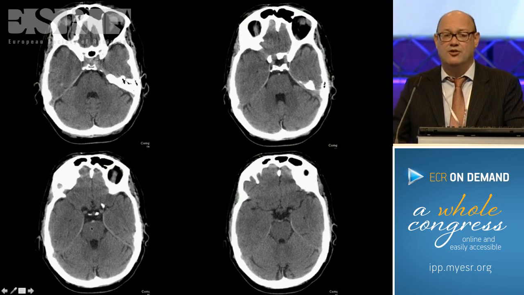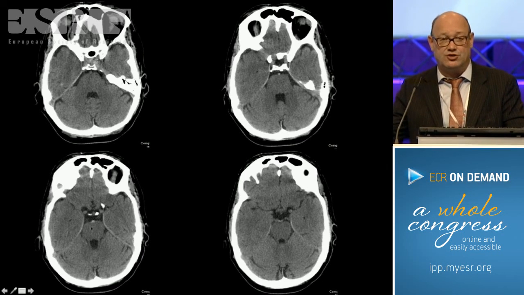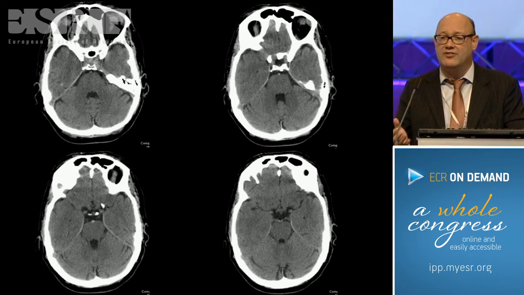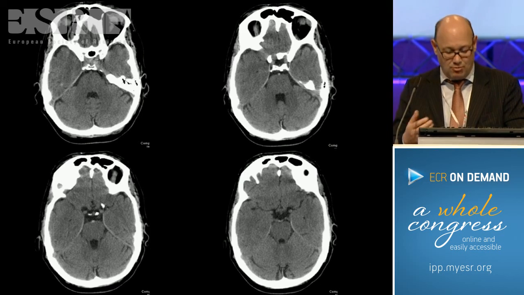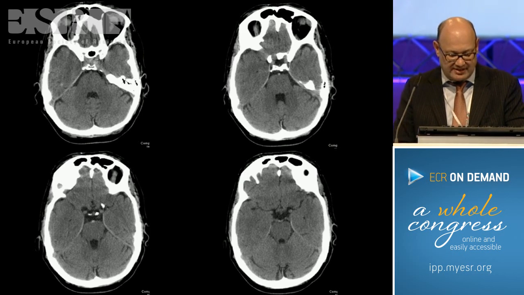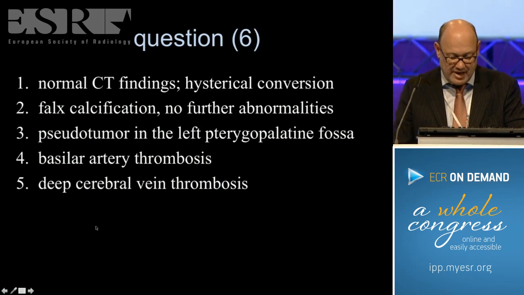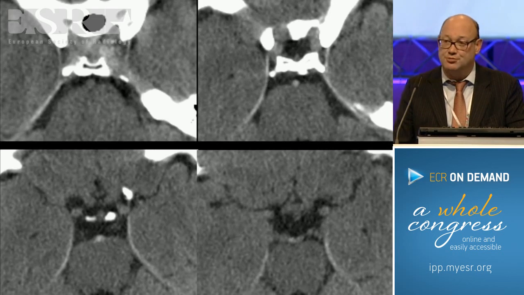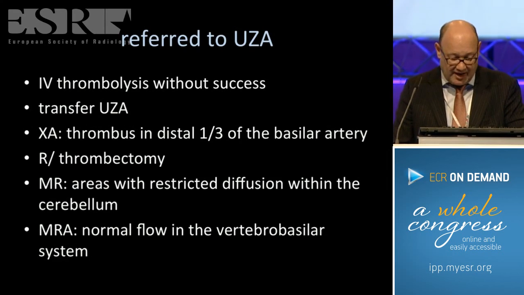And when you have this dot in the middle cerebral artery, it's easy because you can compare with the normal side. Here there's only one basilar artery, so it is more easily missed. But it should not be missed. It's a very important diagnosis to make. If you look at the enlargement, you see these findings better.